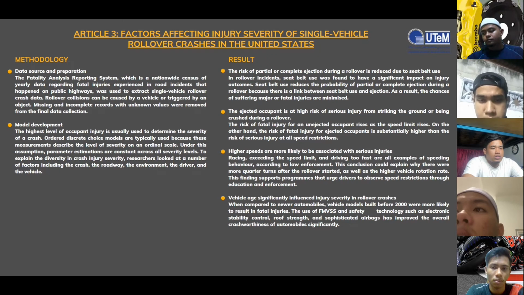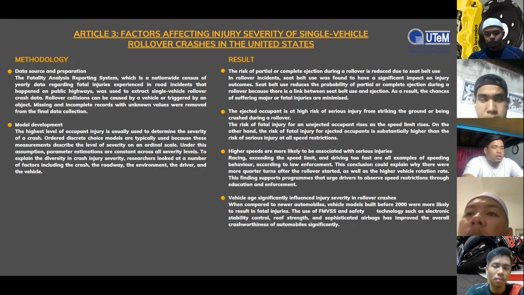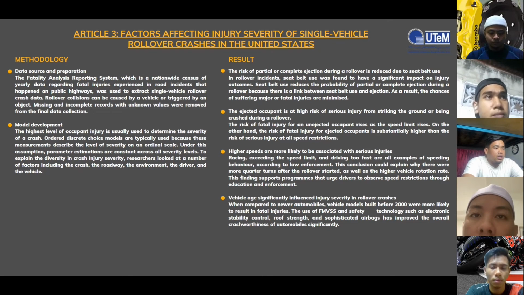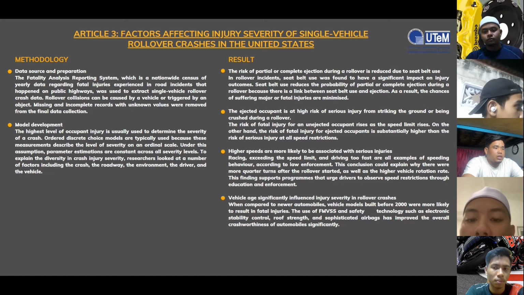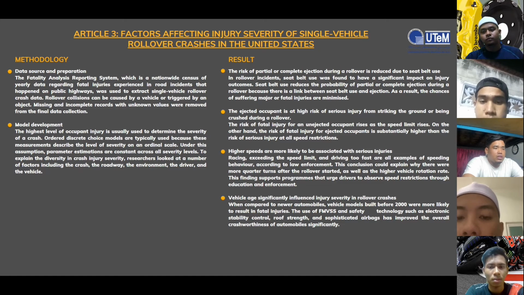As a result, the chances of suffering major injury from the ground or being crushed during the rollover are reduced.